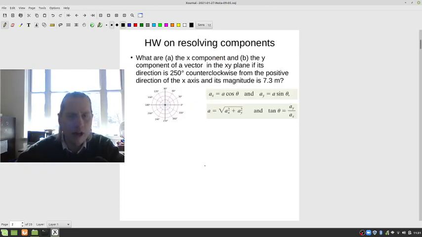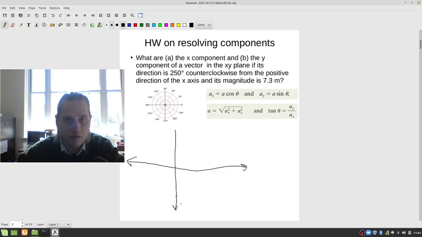Okay, so here's a homework problem that I gave you on resolving components. It says, what are the x and y components of a vector in the xy plane if its direction is 250 degrees counterclockwise from the positive x direction? So there's your plus x direction, there's your plus y direction, here's your minus x and minus y.